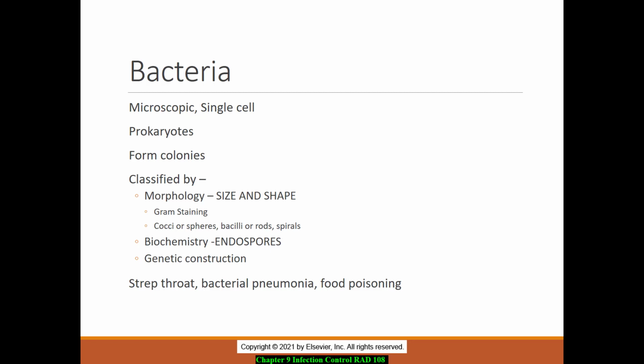So that's the good news, that they can be cured in most cases with antibiotics. The types of bacteria that you may see or may be familiar with are strep throat, bacterial pneumonia, and food poisoning.